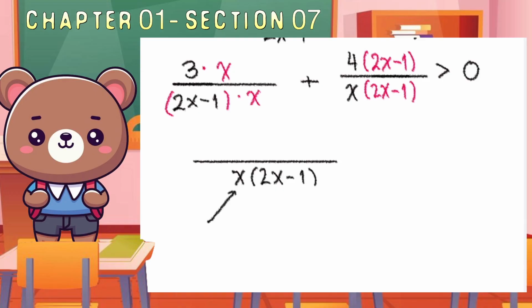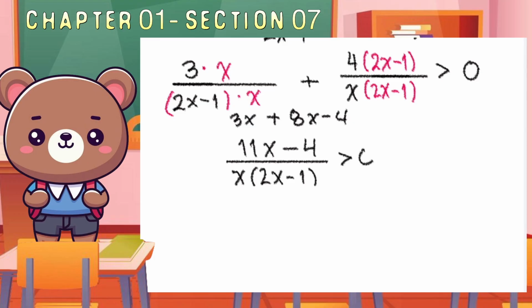Keep in mind that the x is really like an x minus 0 to the first power. Don't forget about that. On top, you'll have 3x plus 8x minus 4, right? So what is that? That's 11x minus 4. And it's still set to be greater than 0.